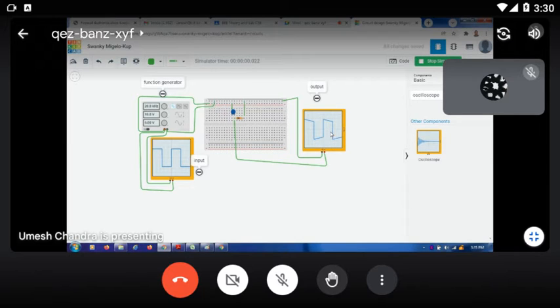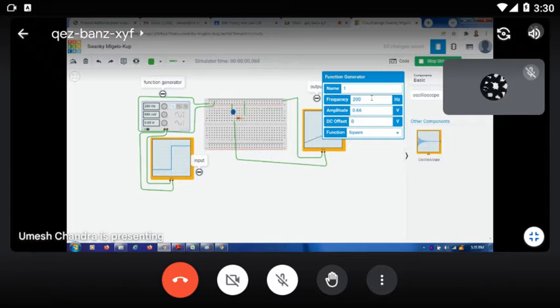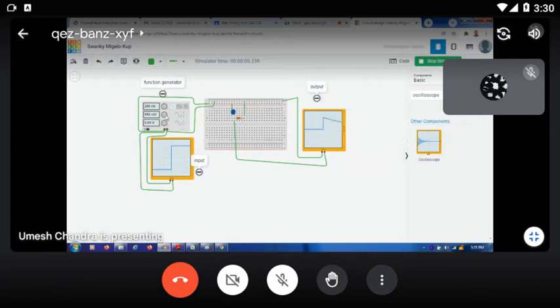But when you give the 200 hertz signal, then what is your output? Now you check. When you give the 200 hertz frequency, and here 1 millisecond.